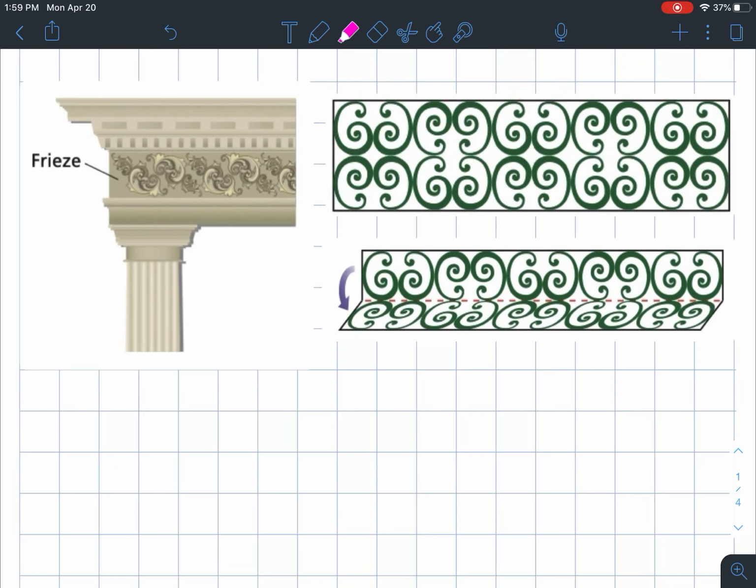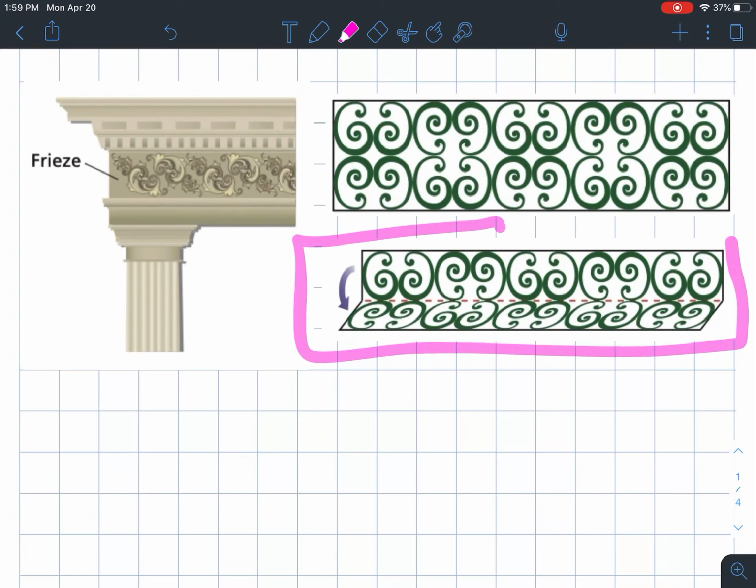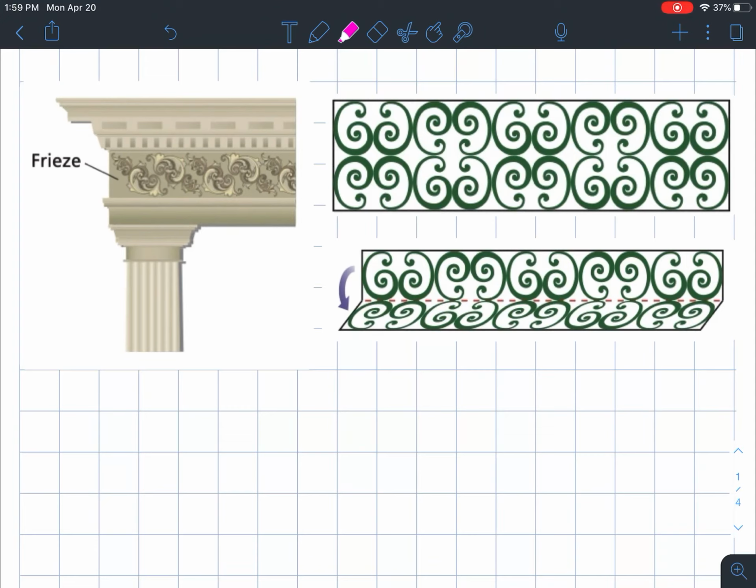Okay, the way you can generate something like that is through what's called a reflection, and that's indicated here in this image. If you look at the red dashed line here, that indicates to you that the top half of the freeze pattern is exactly the same as the bottom. So this is called a reflection.